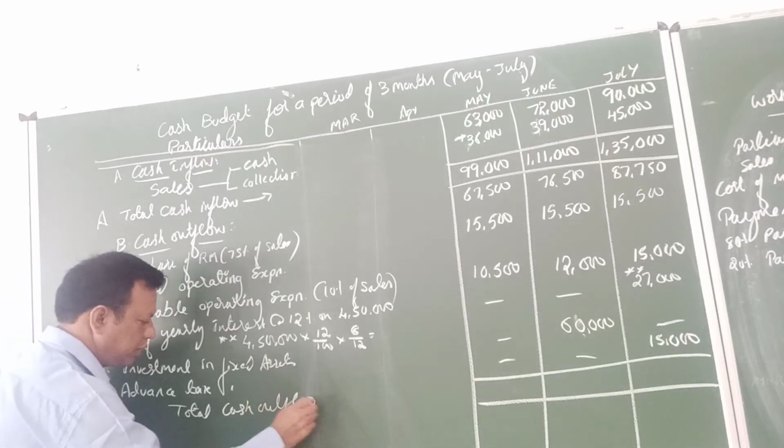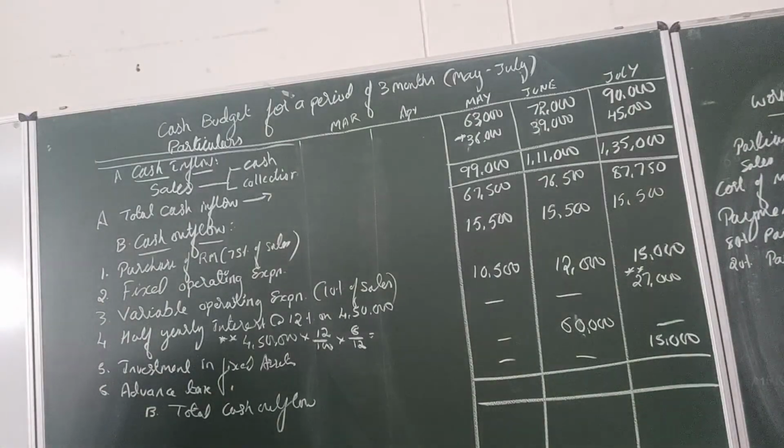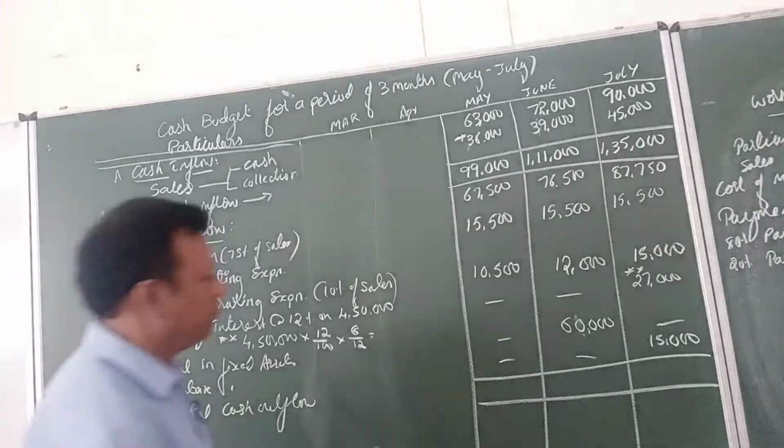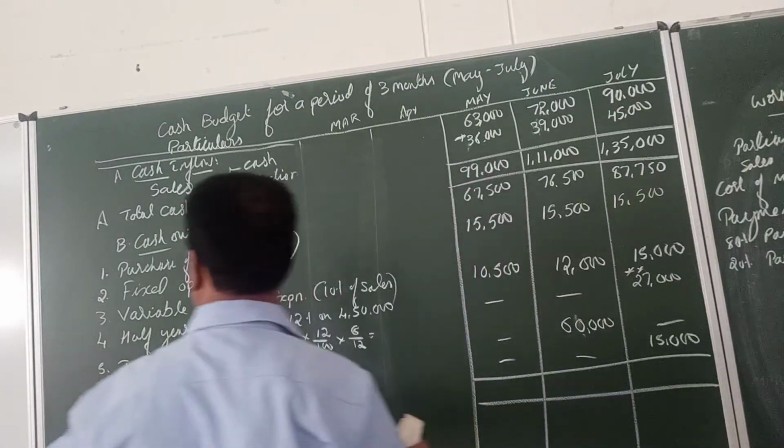Yes, fixed operating expenses is 15,000. Fixed operating expenses are not written.